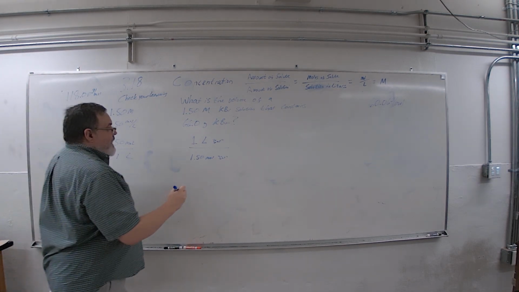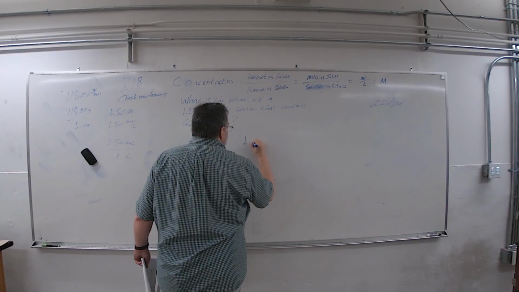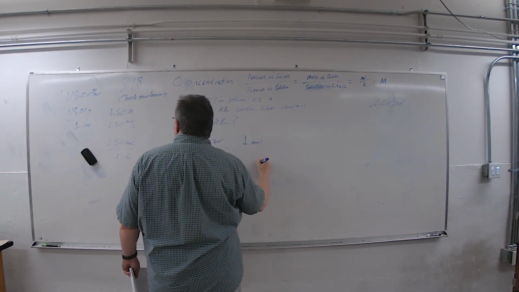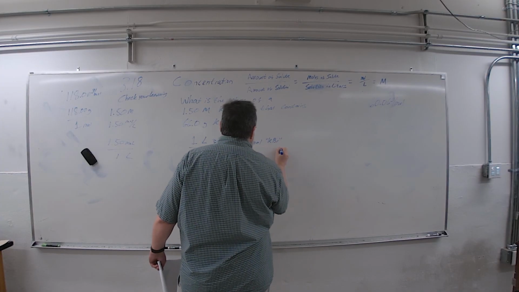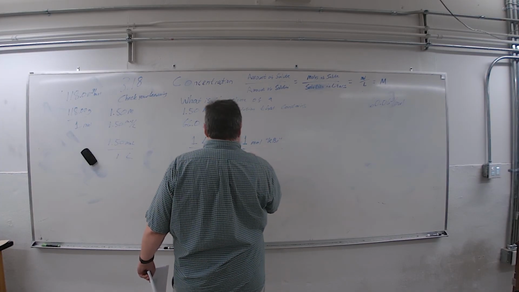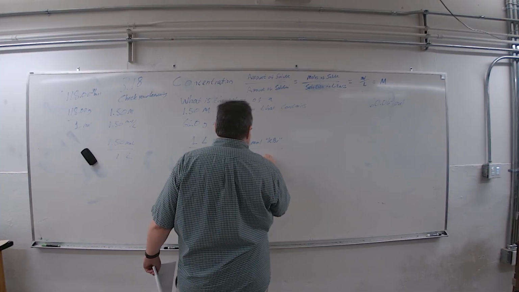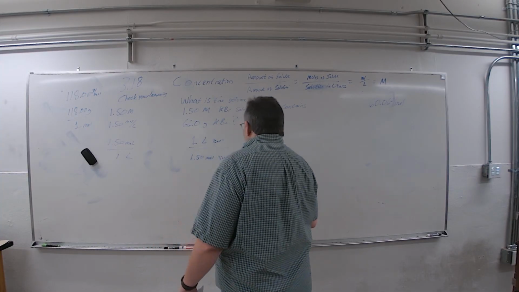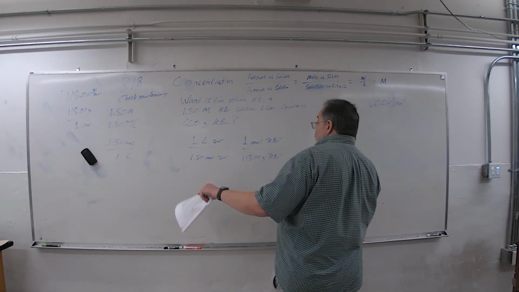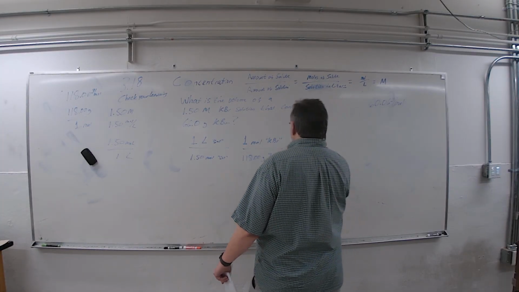I want moles on top, so 1 mole of KBr is 118 grams of KBr. And this is how many grams we have. To make grams cancel, I'll put it on top.